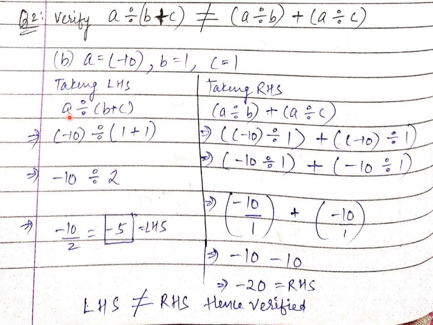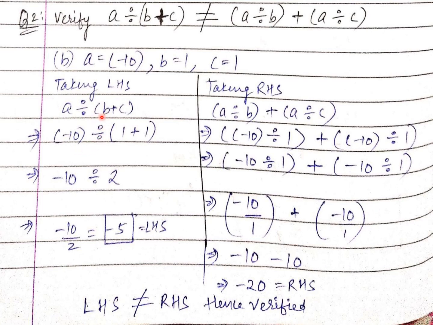Now, take the left hand side, a divided by b plus c. I have written it over here. Now I will put the values one by one. What is the value of a? It is minus 10. Now make sure whenever you put a negative value for a variable, always put it in a bracket like this. So I have put the value of a as minus 10 in bracket. Then I have the divide sign here.